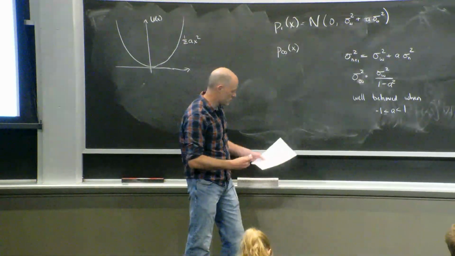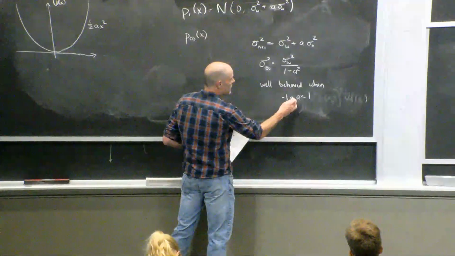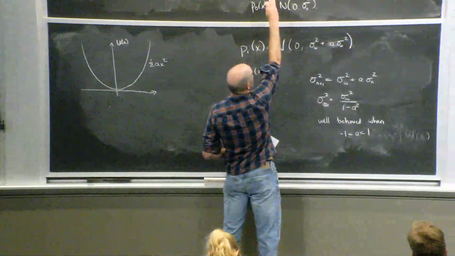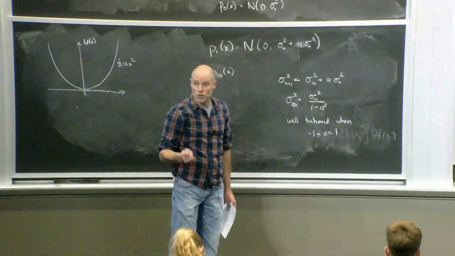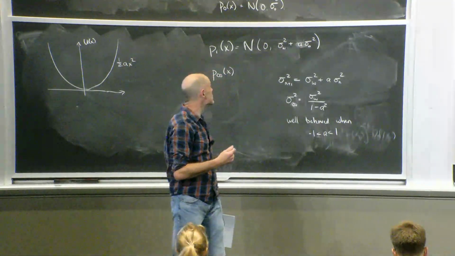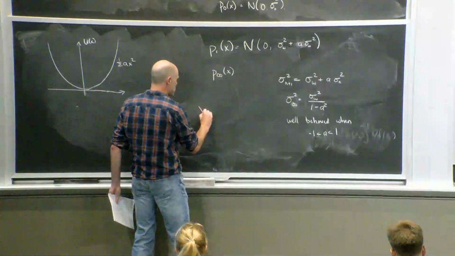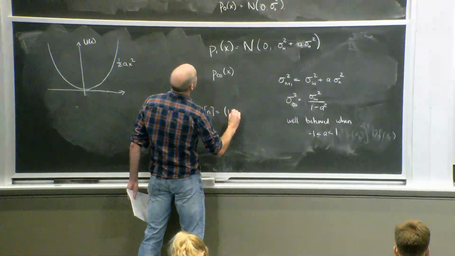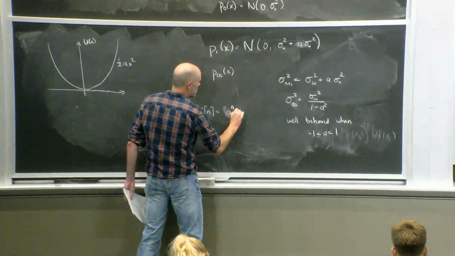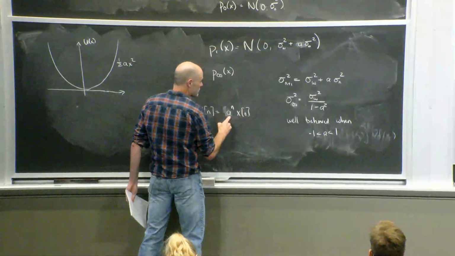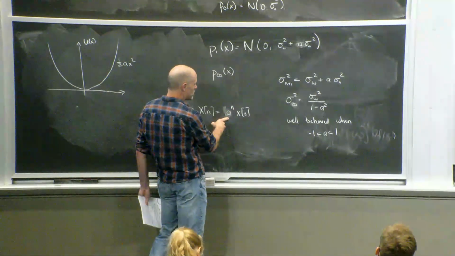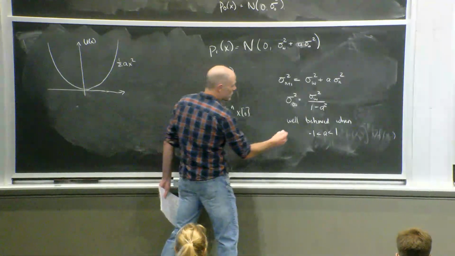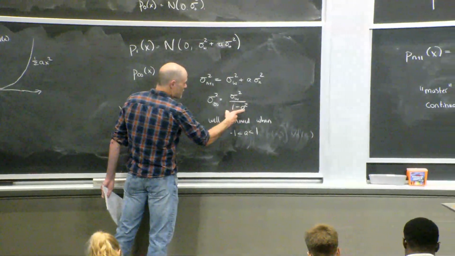A discrete time system has a stable fixed point if the linear dynamics have a between -1 and 1, because the long-term dynamics here are x of n equals a to the n x of 0. So if a is greater than 1 or less than -1, it's going to blow up. But if it's between -1 and 1, it's stable. Okay. So as long as I'm in this regime, this denominator is well behaved.